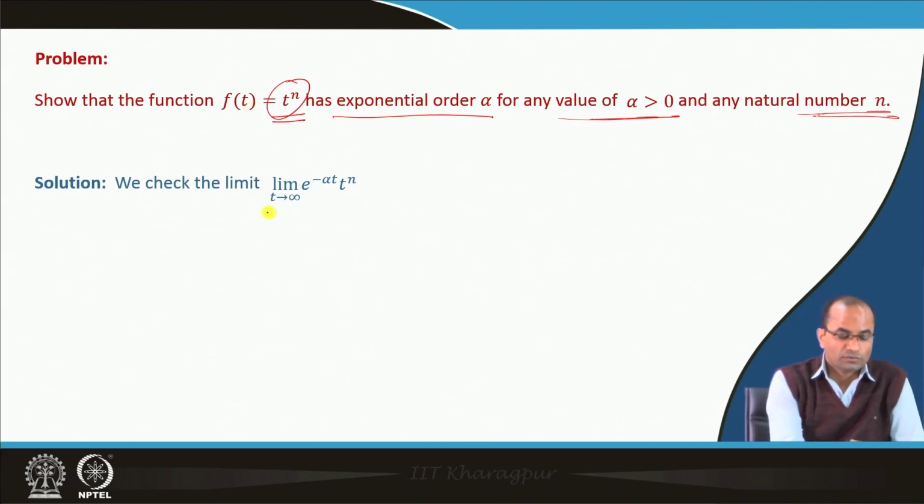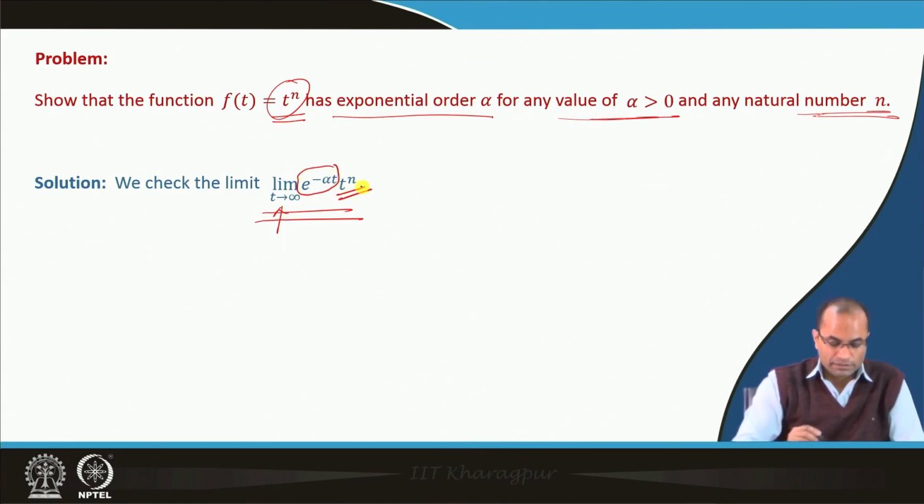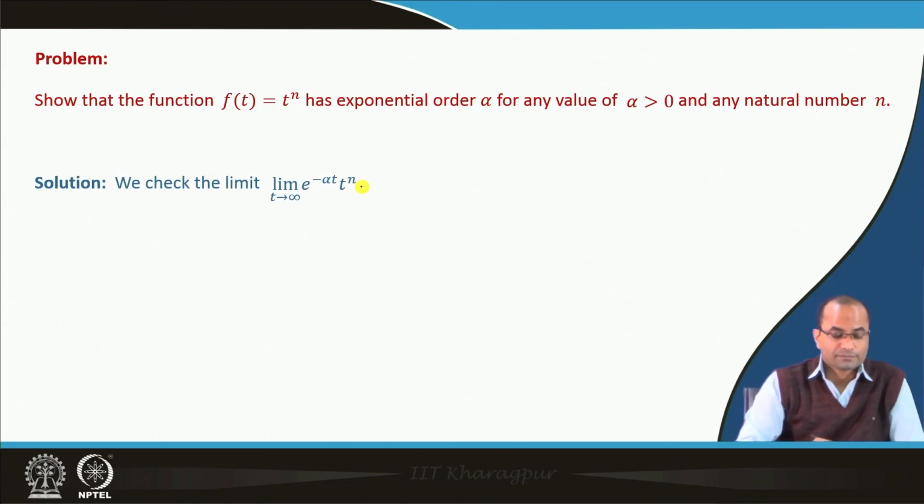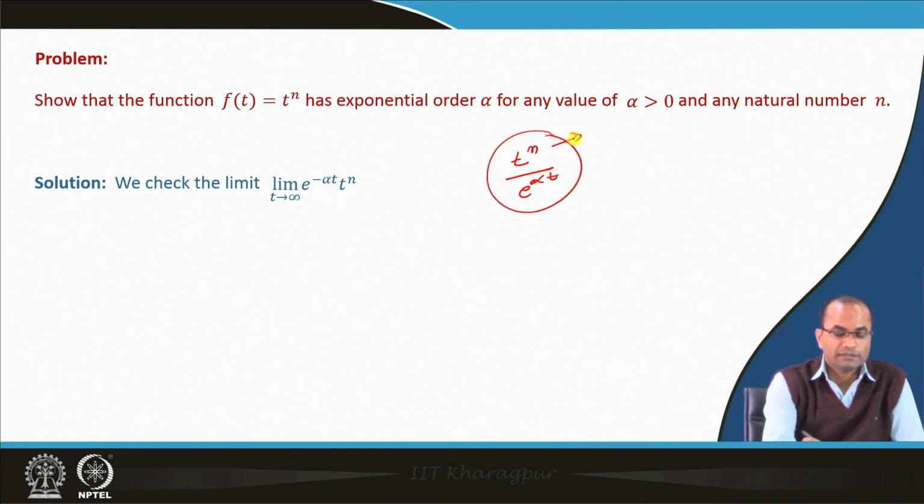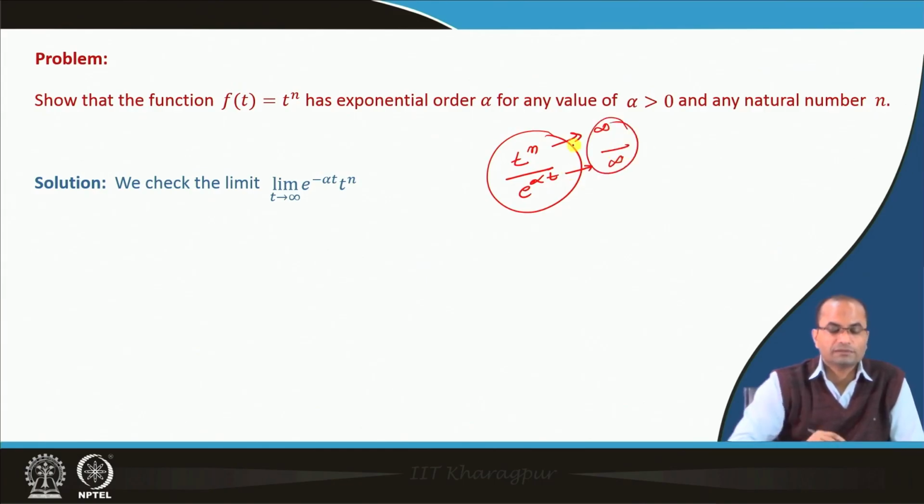We can show this with the help of the limit as t goes to infinity of e^(-αt) tⁿ. Writing this as tⁿ over e^(αt), we see that the numerator goes to infinity and the denominator also goes to infinity, so we have the situation infinity divided by infinity.